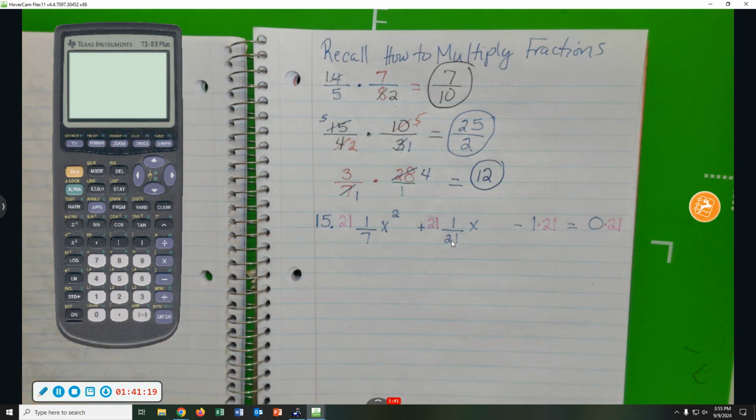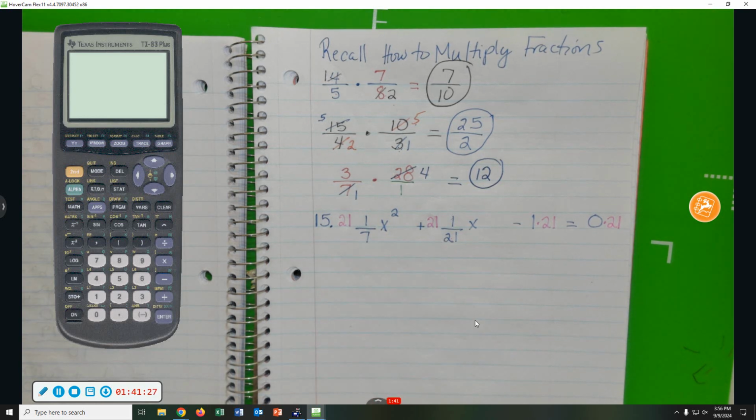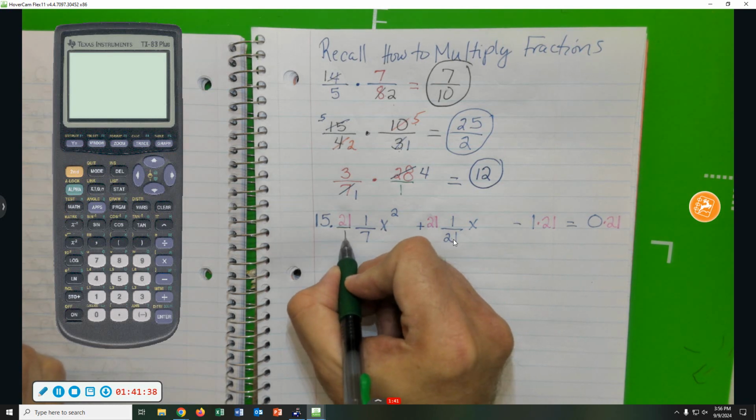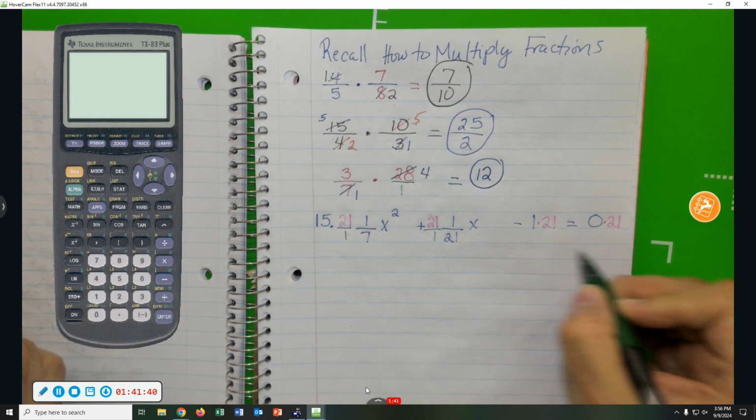You'd build up to 21. That's what you're going to use. That's called the least common multiple of 7 and 21. If you started listing out the multiples of 7, 7 times 1 is 7, 7 times 2 is 14, 7 times 3 is 21. Their least common multiple is 21.